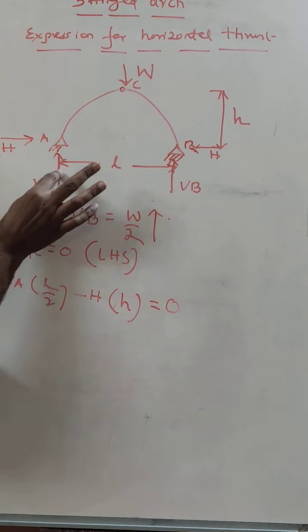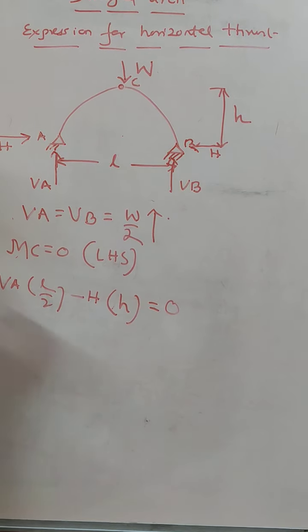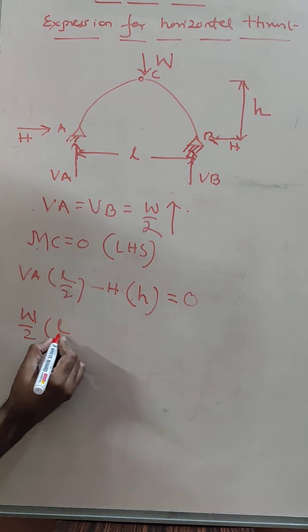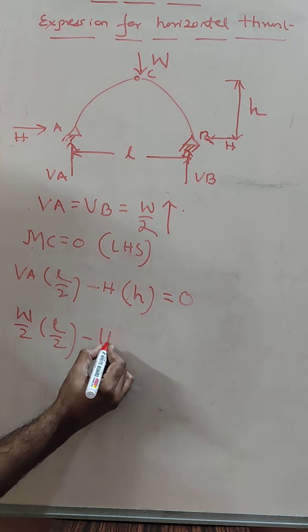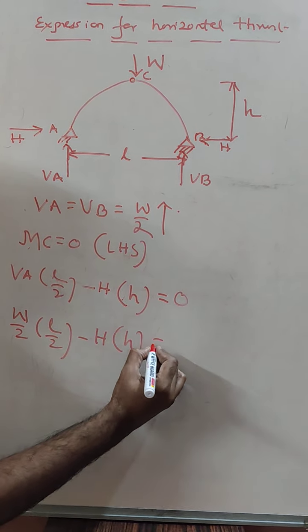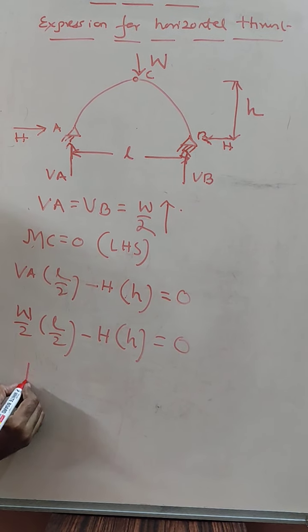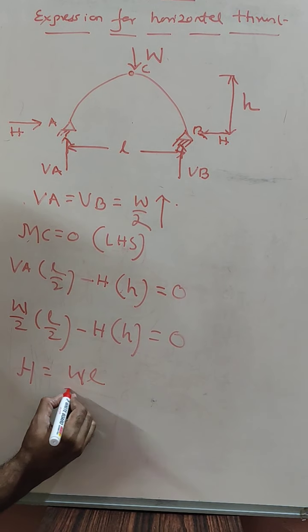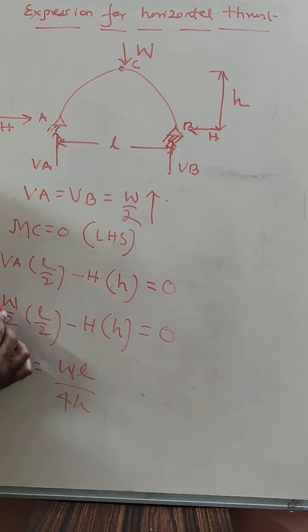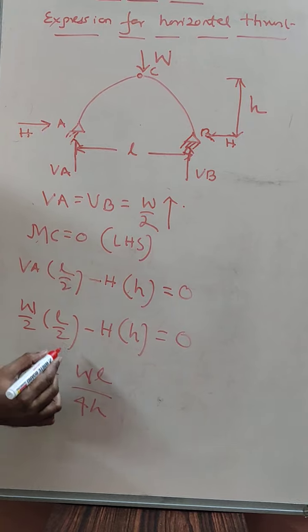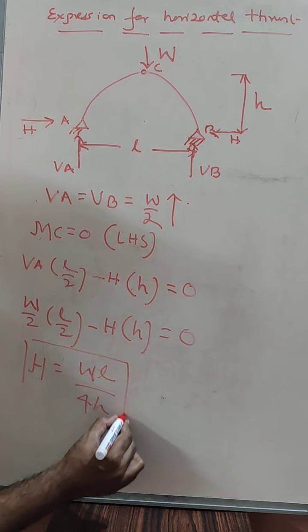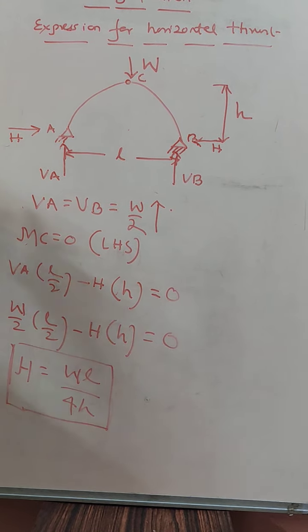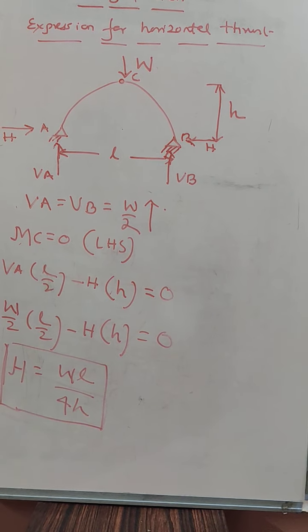Only two forces are there because there is no UDL, only the concentrated load. So substitute VA. What is VA? W by 2 into L by 2 minus H into h is equal to 0. Or capital H is equal to WL by 4h, W into L divided by 4 into h. So this is the expression for horizontal thrust in case of an arch subjected to a concentrated load at the center.